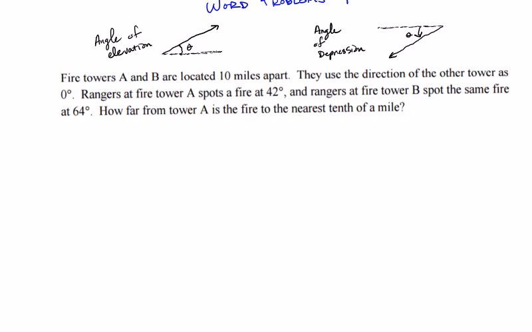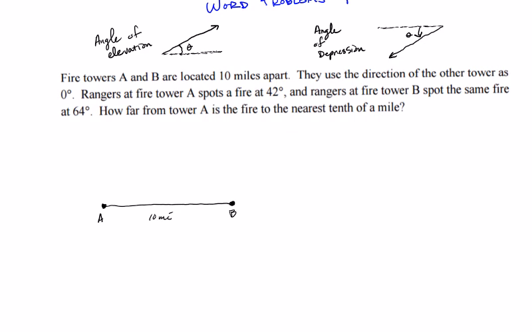We've got fire towers A and B, and they're located 10 miles apart. So I'm going to take a point here and a point here, and say I've got them A and B, located 10 miles apart. Hopefully that makes sense. Then it says they use the direction of the other tower as 0 degrees.